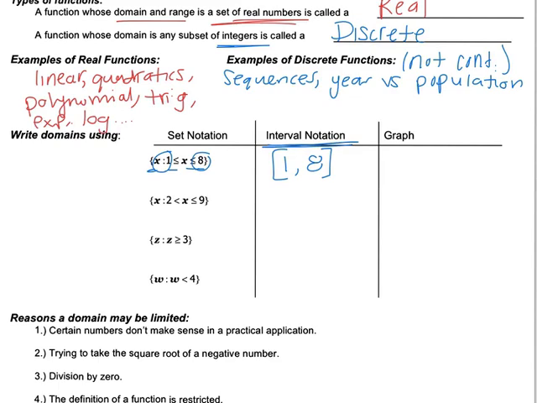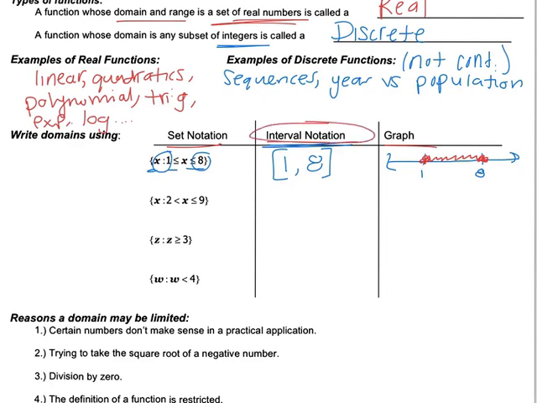And then the graph column over here on the far right is just what does this look like visually on a number line. So we're talking about all the numbers between 1 and 8. So we are including 1, so we would have a closed circle on 1, closed circle on 8, and it's everything in between there. So 3 different ways of representing these groups of numbers: set notation, interval notation, and graphing.